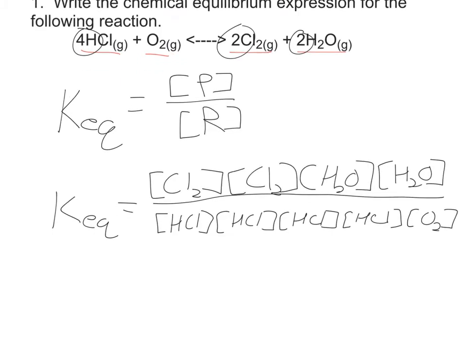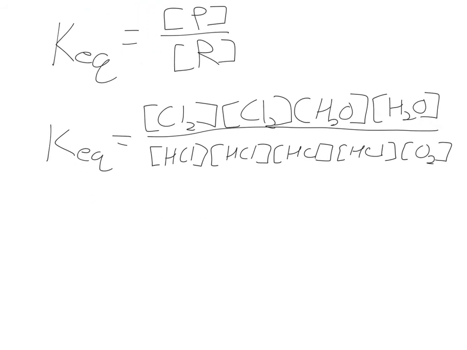Now, of course, no chemist actually writes it like this. We always condense. So Cl times Cl, or the concentration of chloride times the concentration of chloride, is the same as the concentration of chloride squared. So I can square my Cl2. I have 2 waters, water times the concentration of water, which is water squared.